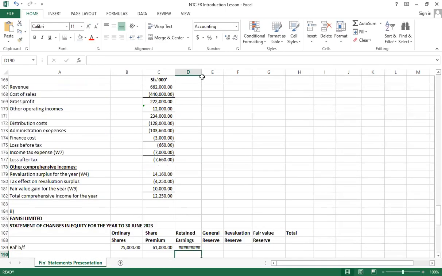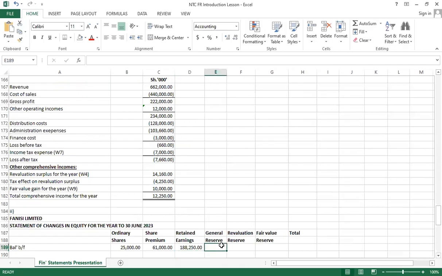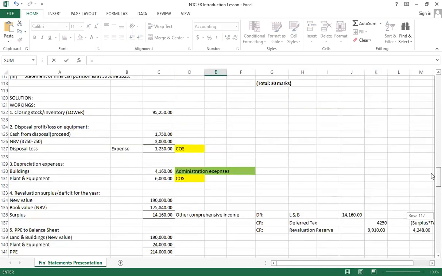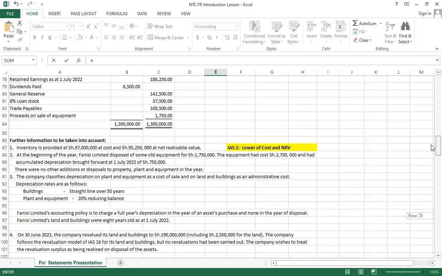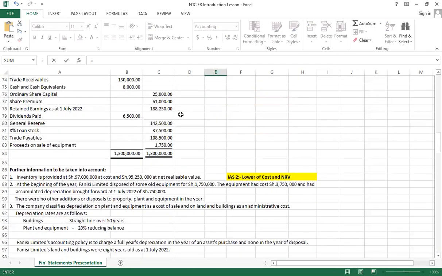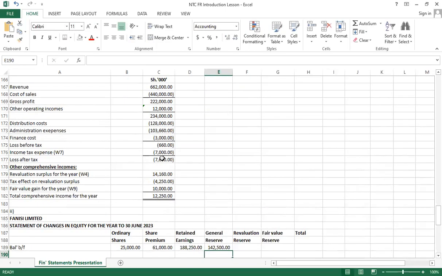The general reserve, also the same thing. In the trial balance, we had a general reserve of 142,500.